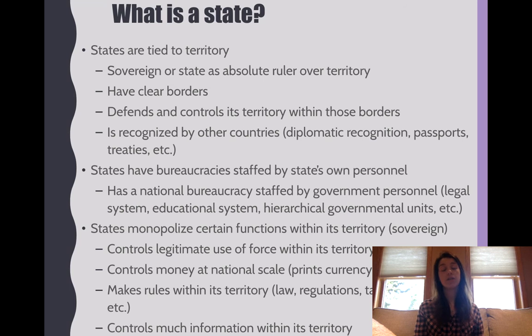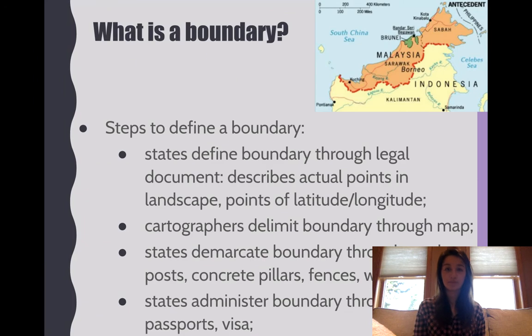States can also enforce the fact that they are a state, so they can use force within their territory. For example, a state can have police officers, they can have money, they can make their own rules and laws, and they control what happens in the territory. So when you think of state in the global geography and world history sense, a state is really a country, but state is the official definition because country is actually too broad, and you'll see why in a moment.